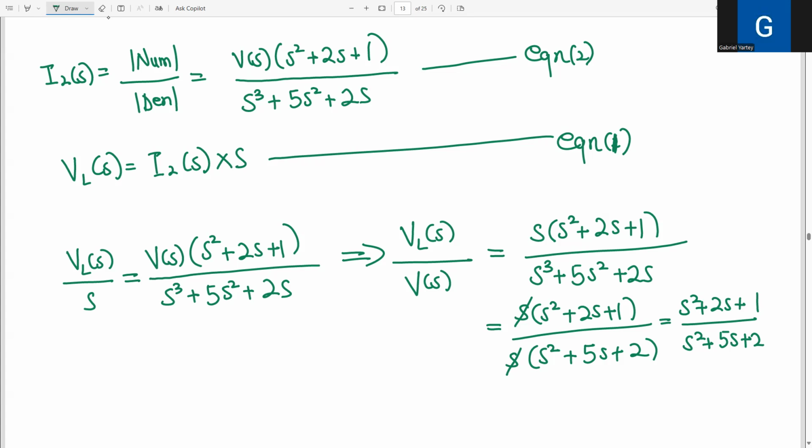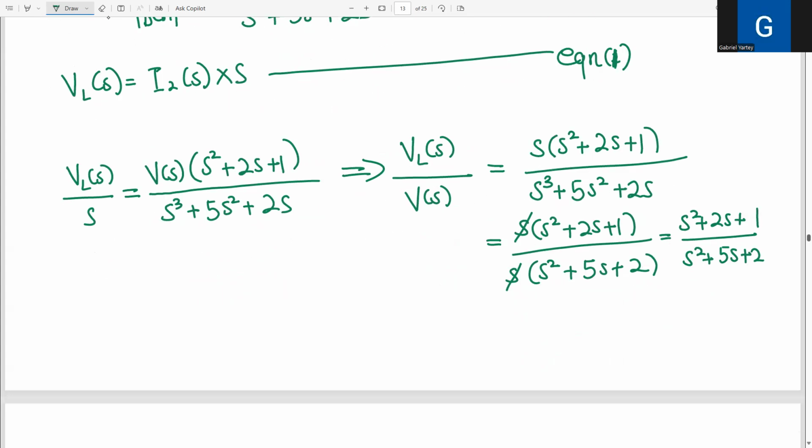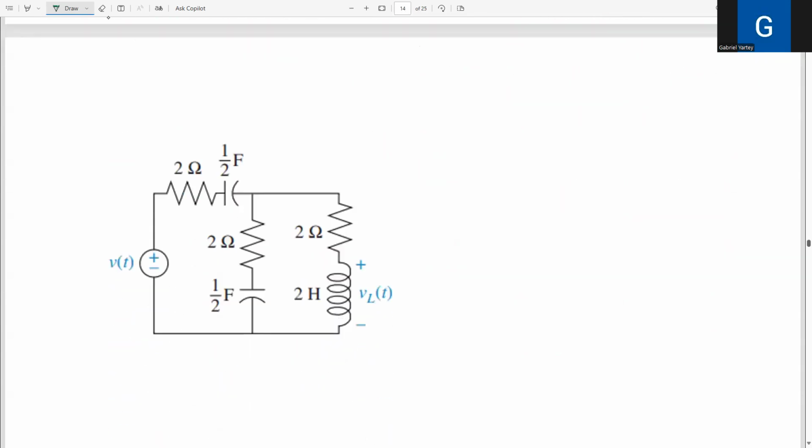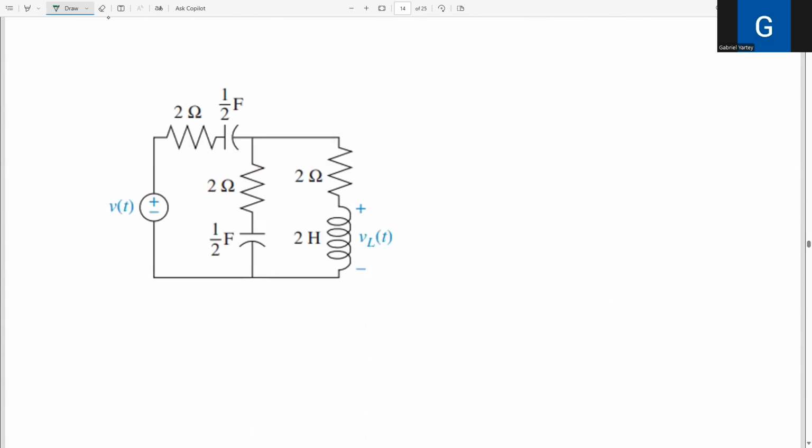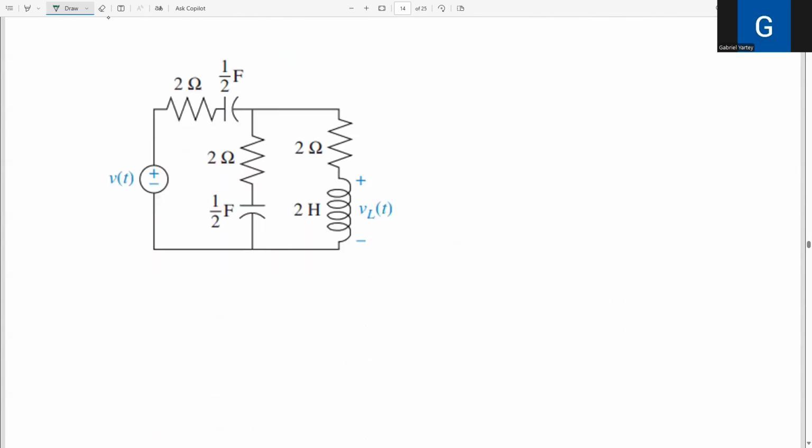Okay, so I'm going to let you try some. Find the transfer function of this. You can try it out with your friends, or just by yourself. And if you do find it, you can draw the series of this, and then we'll discuss it.